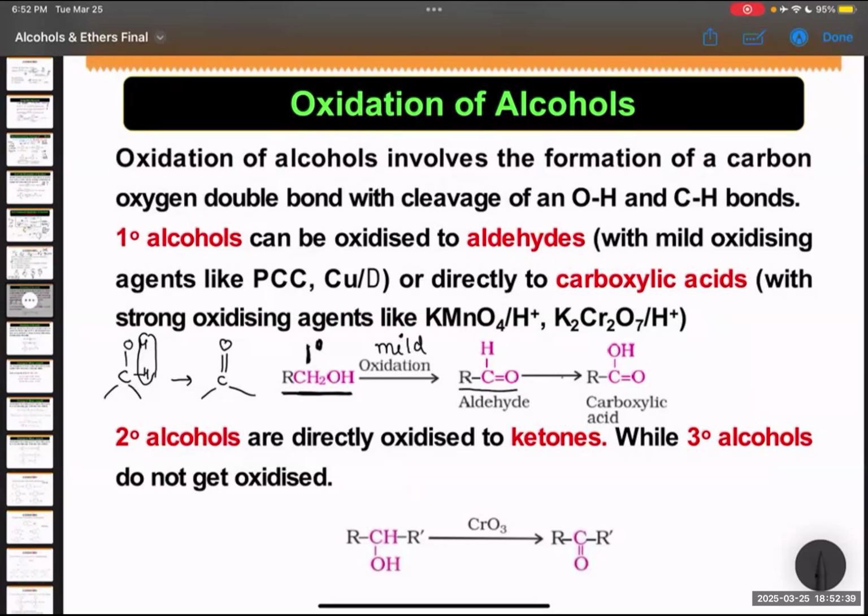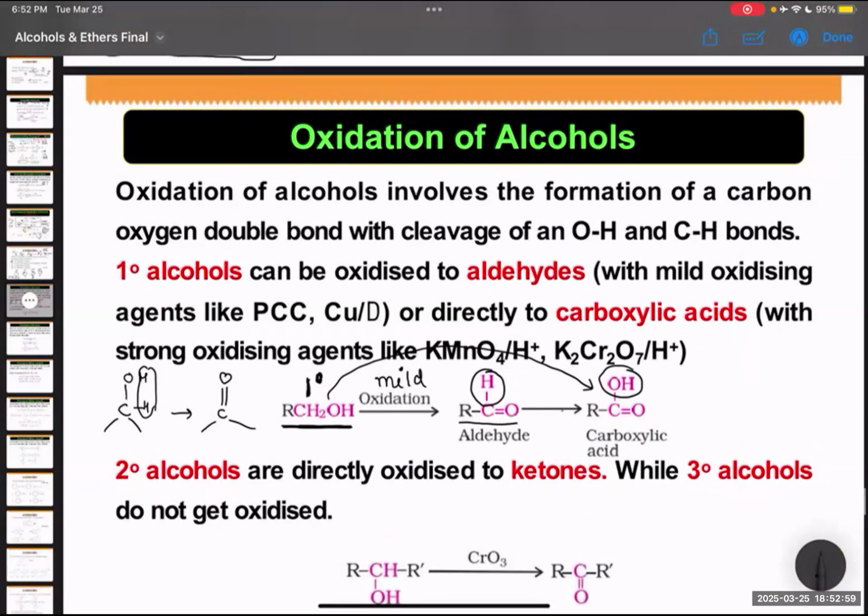But if you take a strong oxidizing agent, you will directly get up to acid, because the hydrogen connected to the C double bond also gets oxidized to OH. Oxygen will get connected to it.